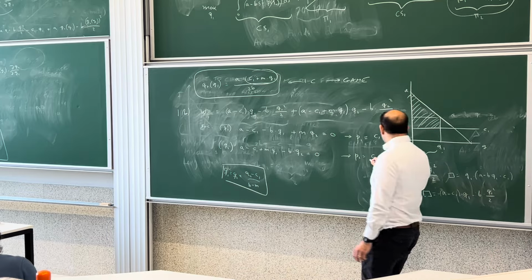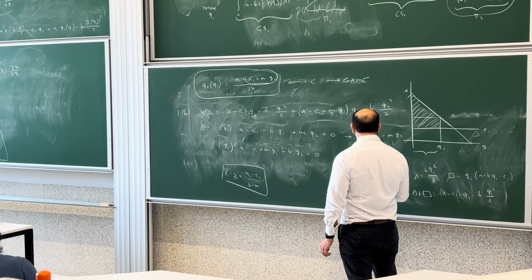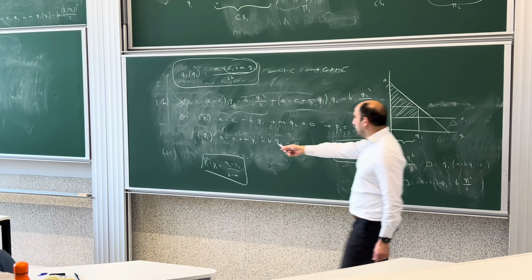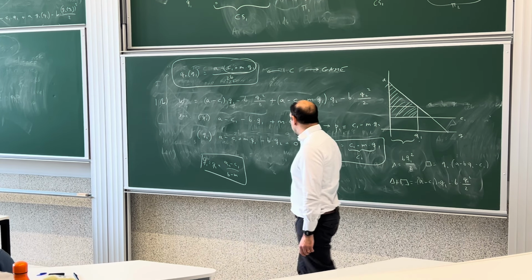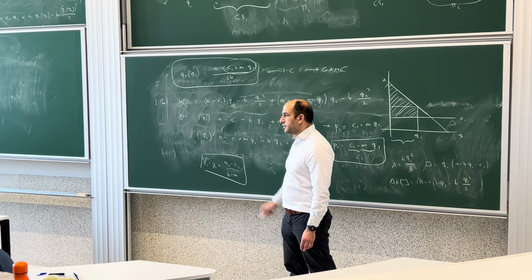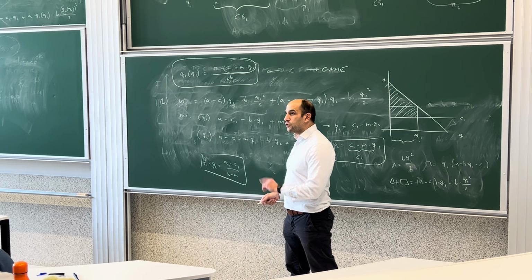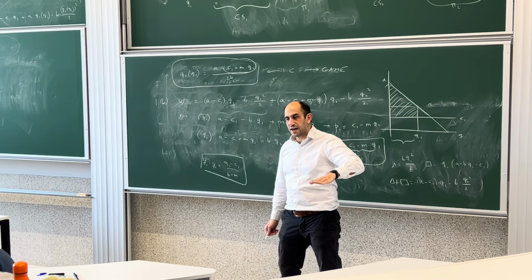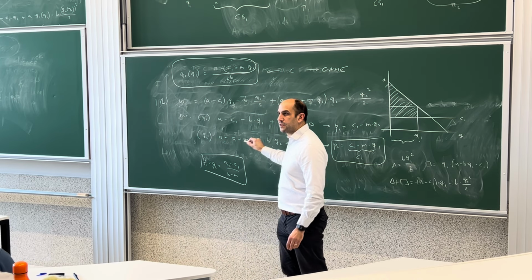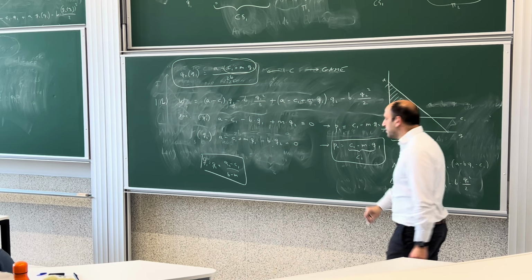And this is C2. So in the second period, it's clear that price equals marginal cost. A minus B times Q2 is price, and then C1 minus M times Q1 is marginal cost in period 2. So in the second period, price equals marginal cost.